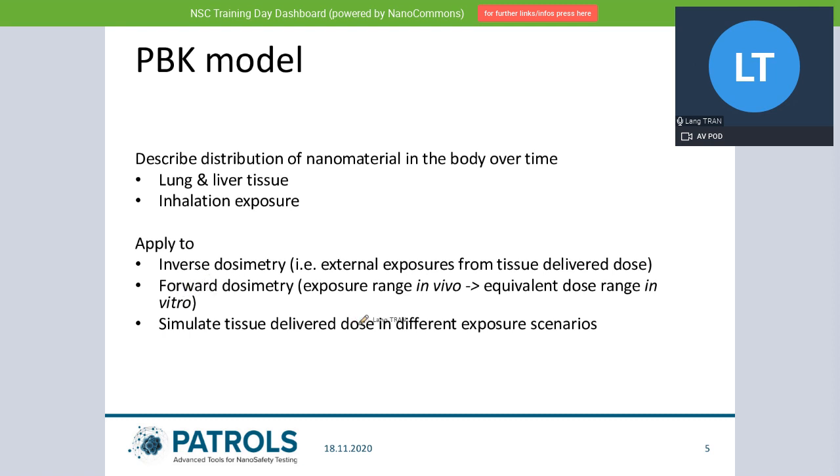Or we can do forward dosimetry, meaning we can work out what kind of exposure we would give in vivo that gives you the equivalent dose range in vitro. So that is a forward way. If you look at the in vitro dose range, you ask yourself, what kind of exposure would give you an equivalent dose in the lung, for example, to what you see in vitro?